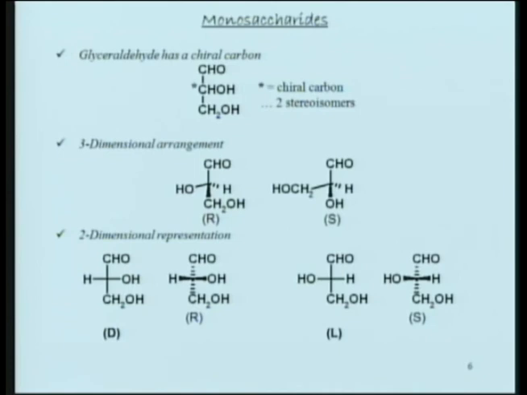What is this bond? Going away. What is this bond? In the plane. What is this bond? In the plane. You would always have two bonds in the plane, and then one coming out towards you and one going away, and you have to arrange it like that. So if you are looking from this side, then that particular hydrogen is going away from you.